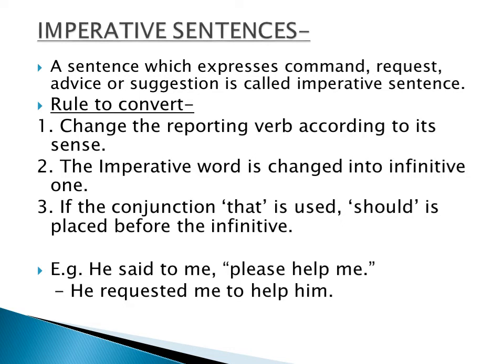The imperative verb is changed into an infinitive one. If the conjunction that is used, it should be placed before the infinitive. For example, he said to me, please help me. So when we do it in indirect speech, it becomes he requested me to help him.